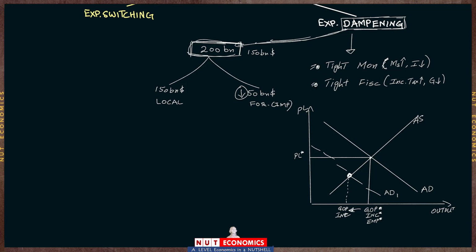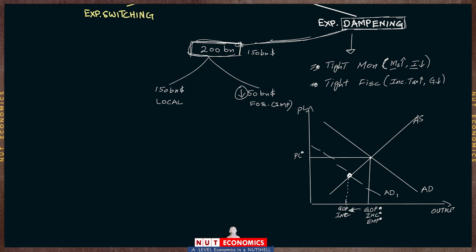As far as your exams are concerned, give all of this detail: that tight monetary policy is when you increase the money supply, then explain what that does, then explain separately that you can also lower the interest rate, explain how that works. So explain the whole tight monetary, tight fiscal policy and link it up: once it is implemented, aggregate demand shifts to the left, incomes in the economy fall, and therefore the economy as a whole will spend less, including lesser spending on imports. So your trade deficit will improve and your current account deficit will also ultimately improve.